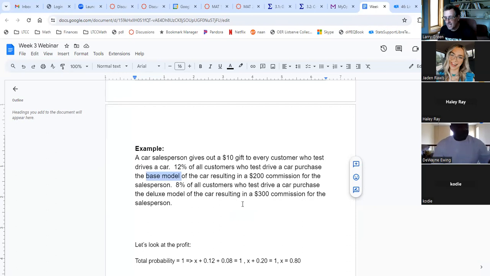Yeah, it's 190 because if you get a $200 commission, but you had to spend $10 to give the gift, then 200 minus 10 is 190. So our choice is 190. Similarly, if the customer purchases the deluxe model, what is the profit?